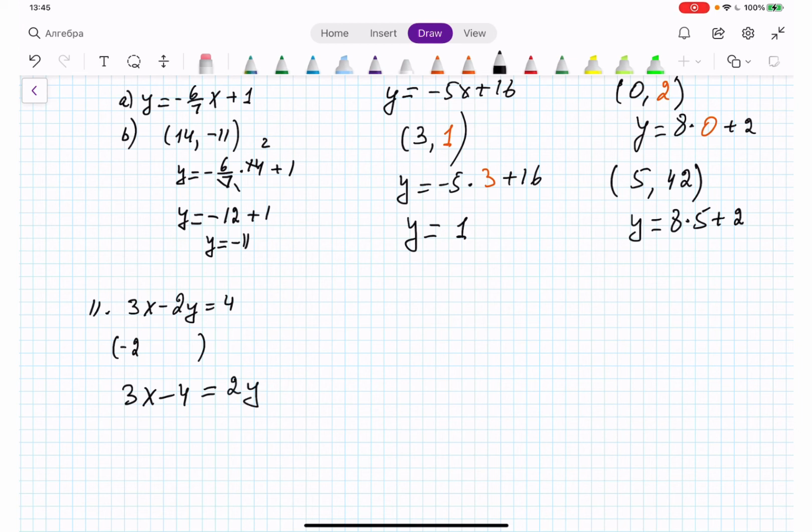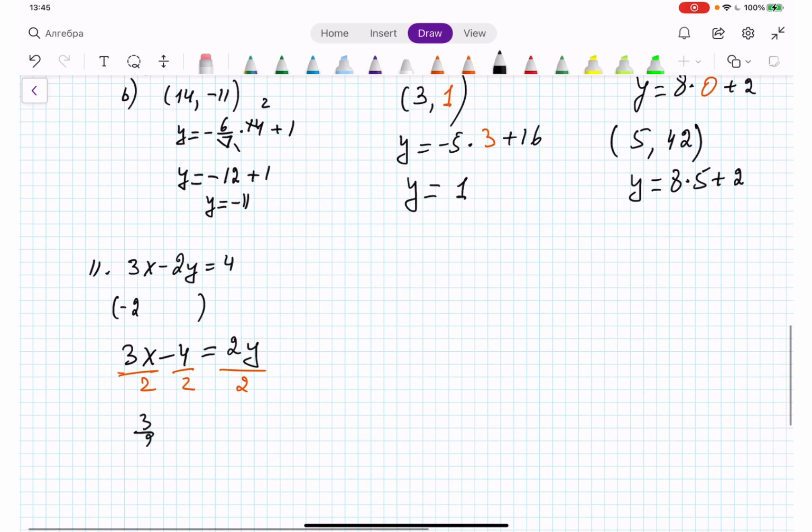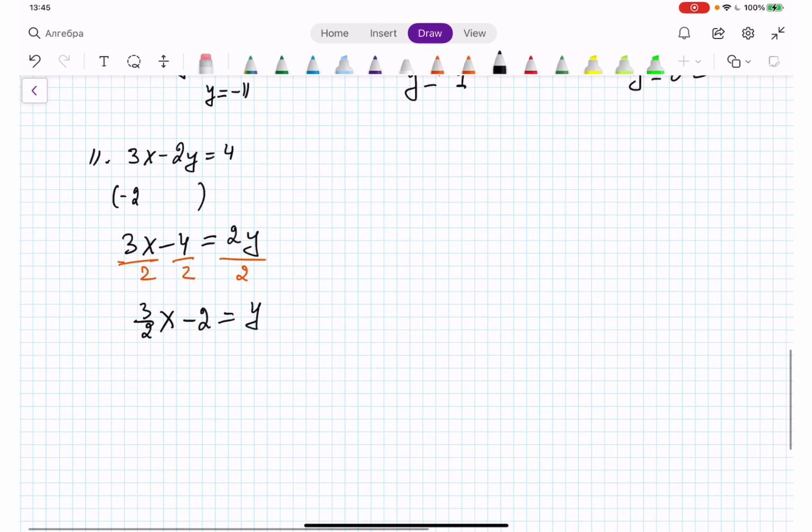And since I need only y, I'm dividing everything by 2. And I'm getting 3 over 2 x minus 2 is equal to y. Or let me rewrite: y is equal to 3 over 2 x minus 2.